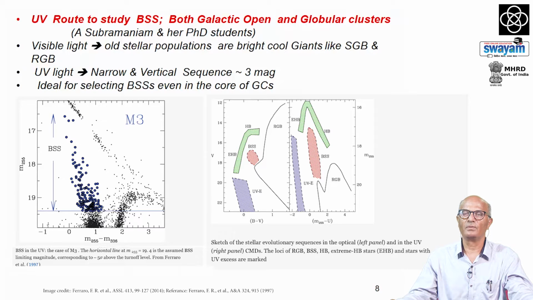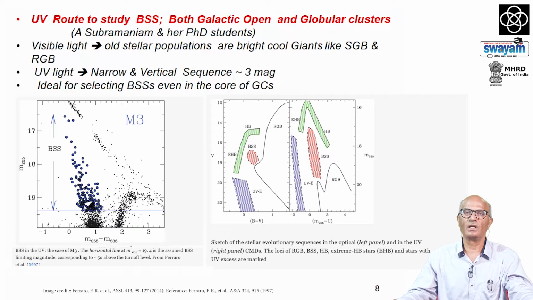All this is expected, because a star's radiation can be considered as black body radiation. In UV these stars emit more, and they do not emit that much in the visual region. That is the main reason, and this is the main source of information used to understand the progenitors of these blue straggler stars.